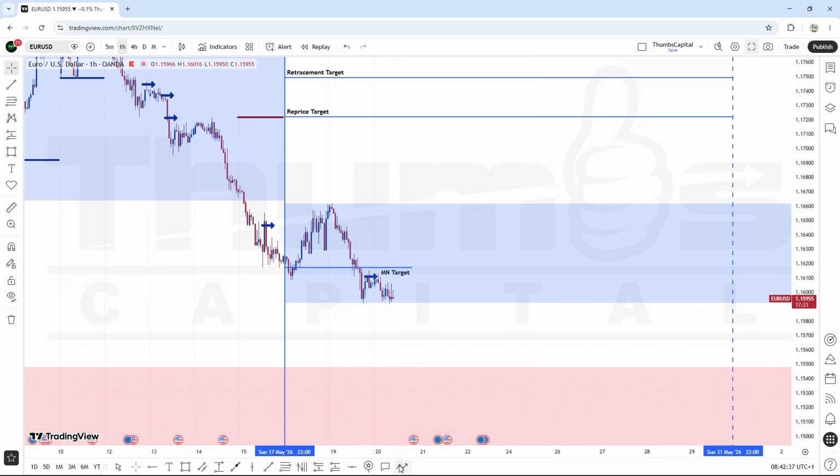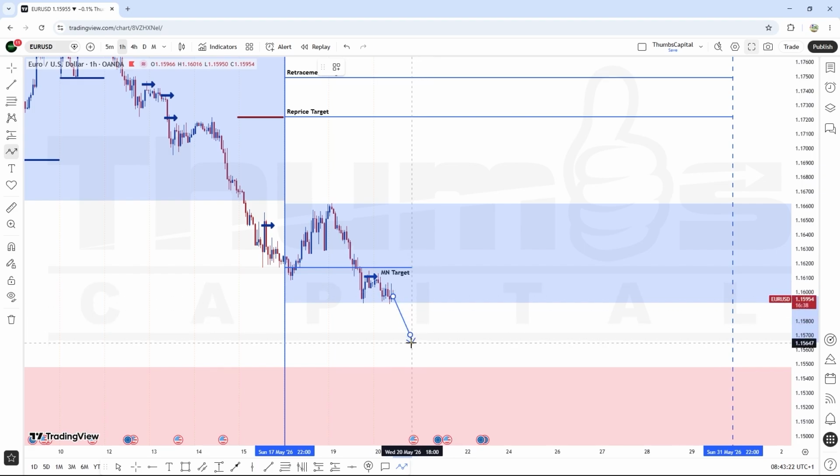Until then, what I'm expecting is for price to give us that false move to the downside, probably hit this quarterly control block because it is close. You can see the quarterly control block is quite close, it's not far away. The institutions can just decide to hit it before pushing price back to the upside for the reprice. But I'll watch what price does today, and on Thursday I'll be looking for my buy move.